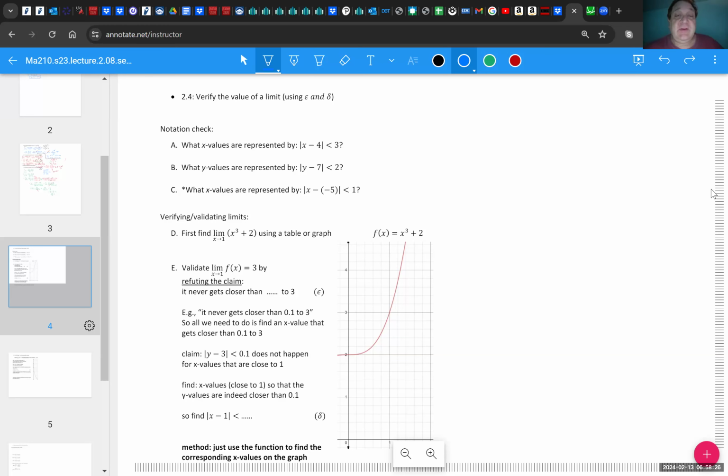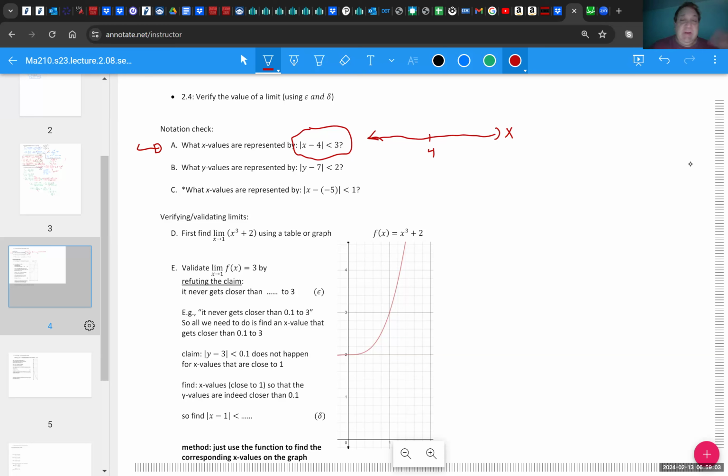Before we do this, I'm going to just clarify some notation for folks who haven't done absolute values and less than signs recently. These are used quite frequently in higher level mathematics, and it looks pretty complicated. So this one right here says the absolute value of x minus 4 is less than 3. If I subtract two things, that just means the distance. So that means the distance between x and 4 is always smaller than 3. I find it much easier to visualize this. This is the x-axis. This is the number 4.